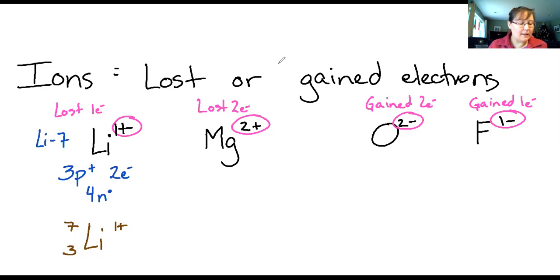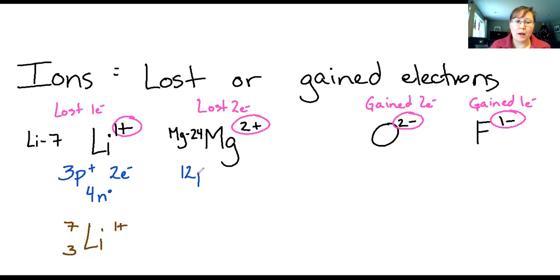Now let's look at our magnesium. I like to keep things kind of clear. So we said that this was lithium 7. I'm going to say that this one is magnesium 24. Okay, so now magnesium is number 12.